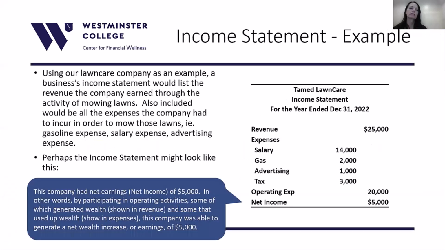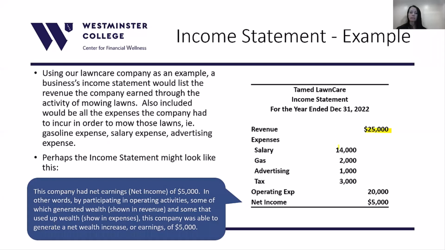All right, again, another little example from our lawn care company. Let's look at it and see if we can figure out what they've been doing. So they've been participating in wealth-generating activities for $25,000 for the year. That's how much they've earned.